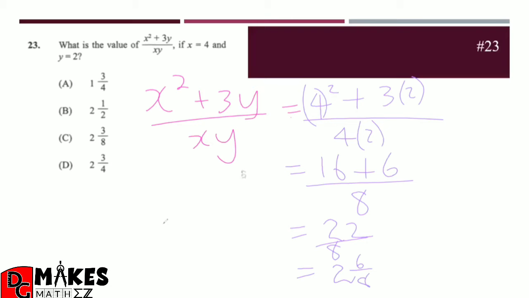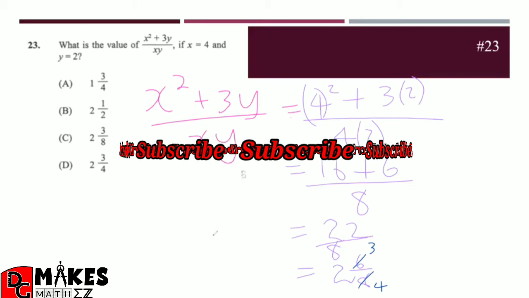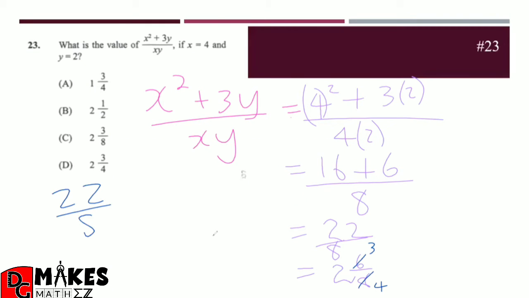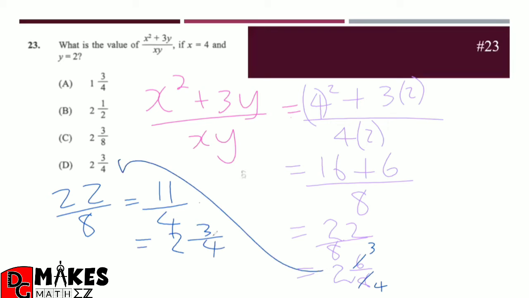And so if we also simplify that again, we get 2 3/4. If we had reduced 22 over 8 first, then we would have gotten 11 over 4, and that would have still been 2 and 3 over 4. So our answer, as we can tell, is D.